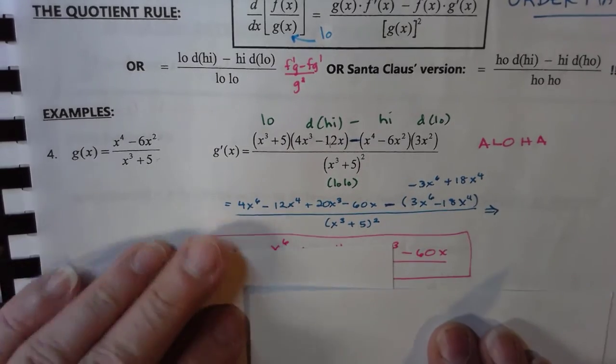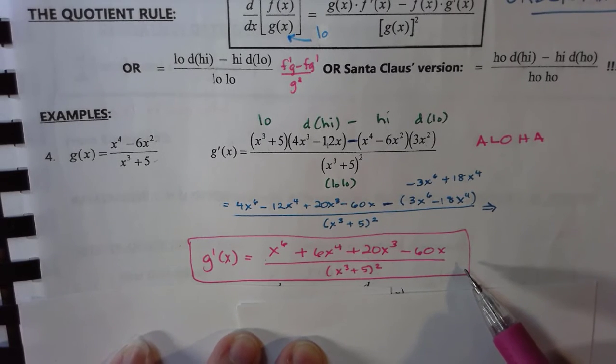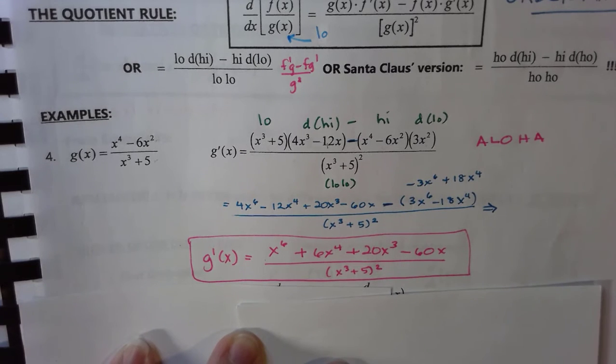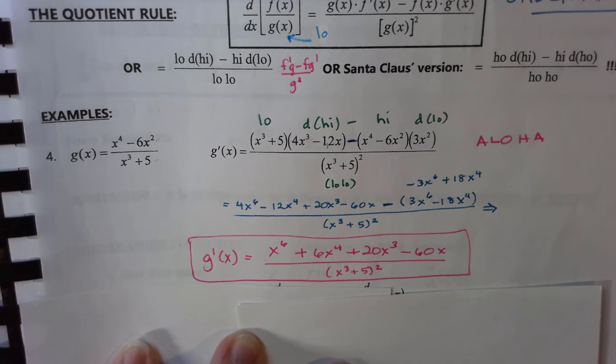And we can combine similar terms, and we get this as our derivative. x to the sixth plus 6x to the fourth plus 20x cubed minus 60x all over x cubed plus 5 to the second power. Leave that factored. Don't multiply this out. All right, pause the video and write all that down.